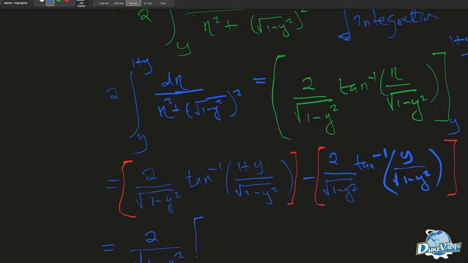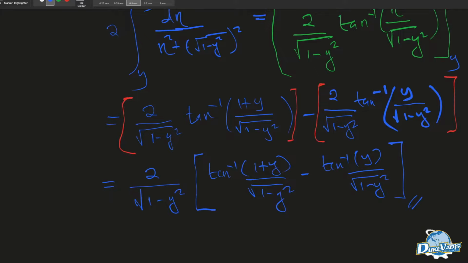Okay, so we'll be dealing with tan inverse of 1 plus y over square root of 1 minus y squared minus tan inverse of y divided by 1 minus y squared. Okay, so this will be the integration final.